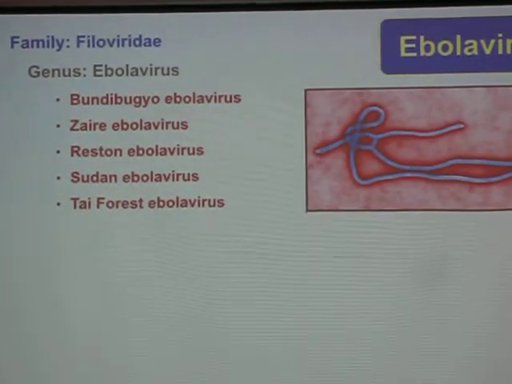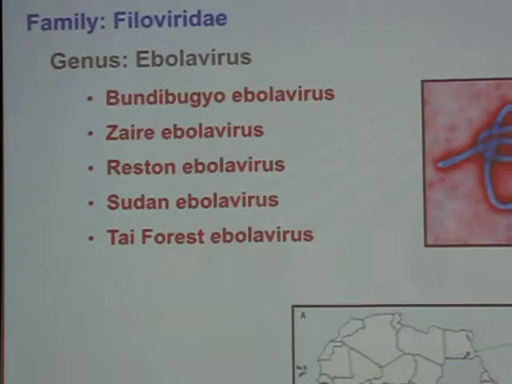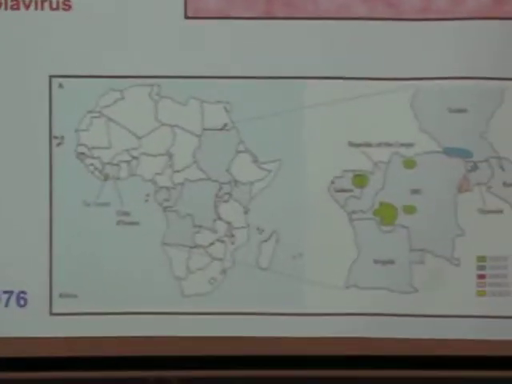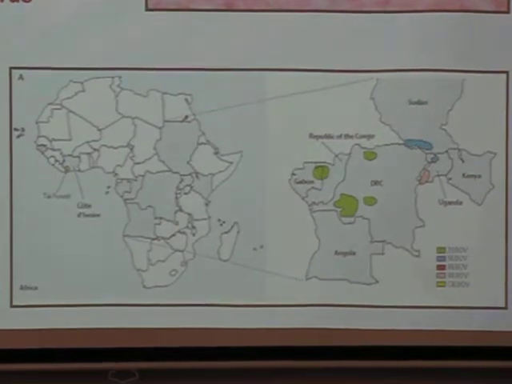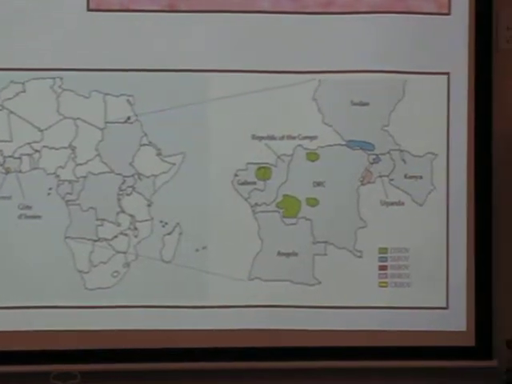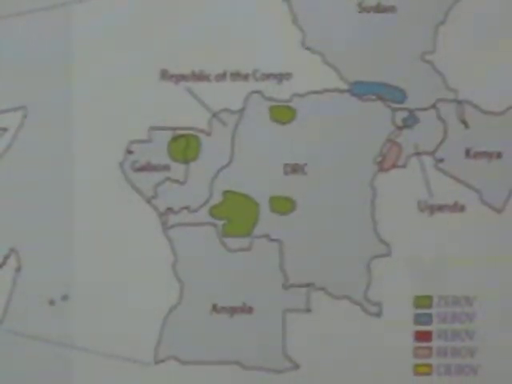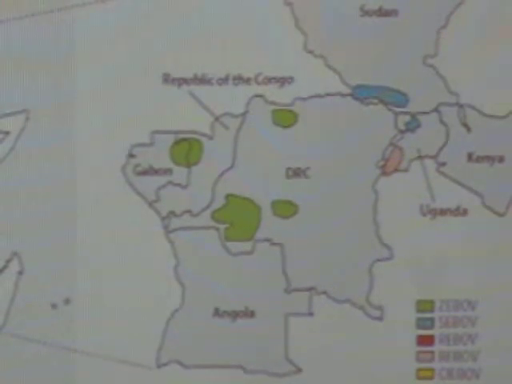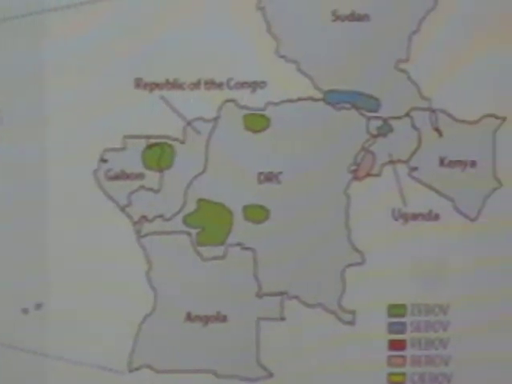So originally, they were discovered in humans in 1976. And so there was an outbreak of 2 types, the Sudan type and the Zaire type, which is now DRC. And one of the areas that this affected was near the Ebola River, hence the name.